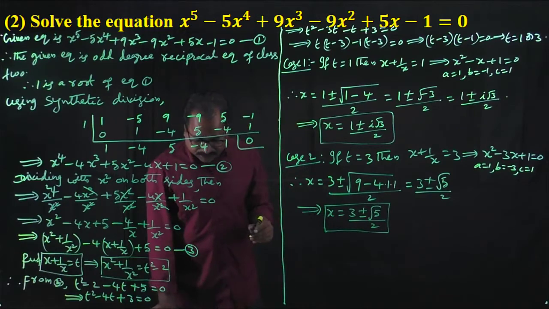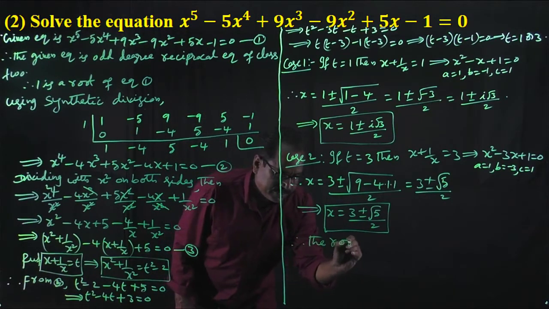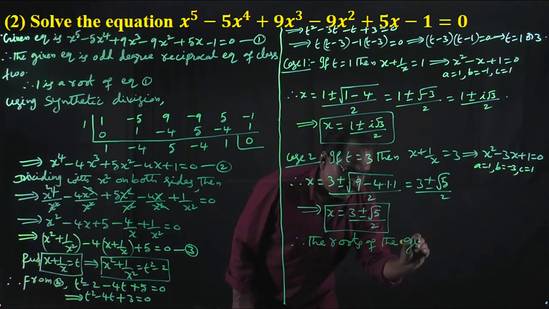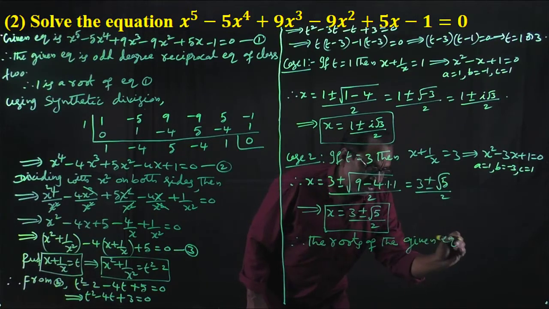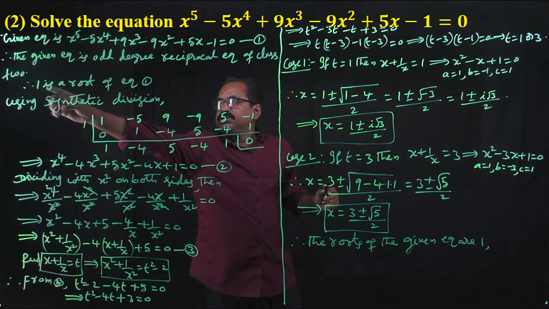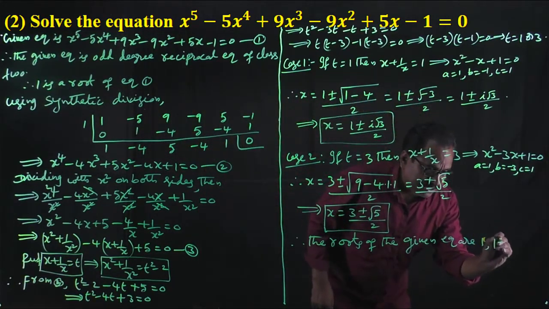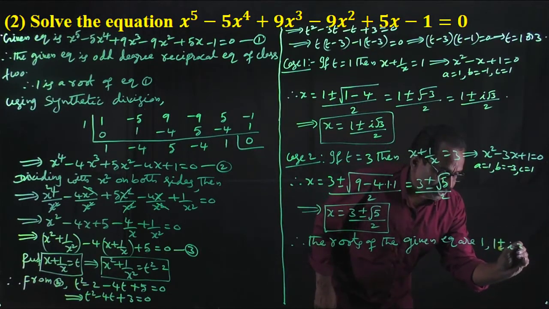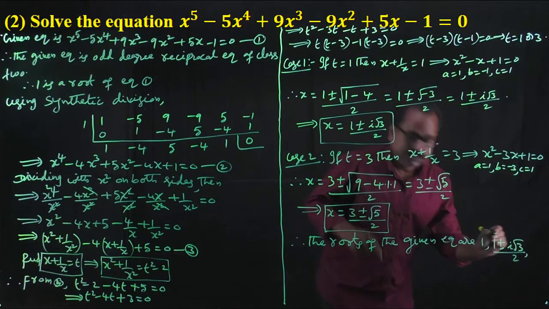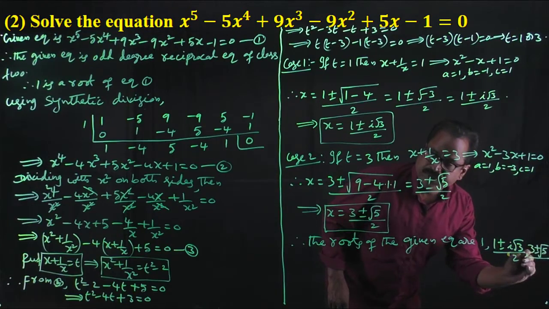Therefore, the roots of the given equation are 1, since 1 is a root of equation 1, 1 plus or minus i root 3 by 2, and 3 plus or minus root 5 by 2.